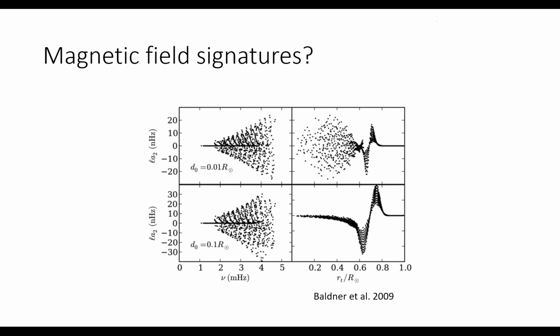So this is the effect that a seated magnetic field would have in lifting the degeneracy on modes that penetrate the base of the convection zone. It takes a very strong field even to make a very small effect on the observed helioseismic frequencies at the base of the convection zone.